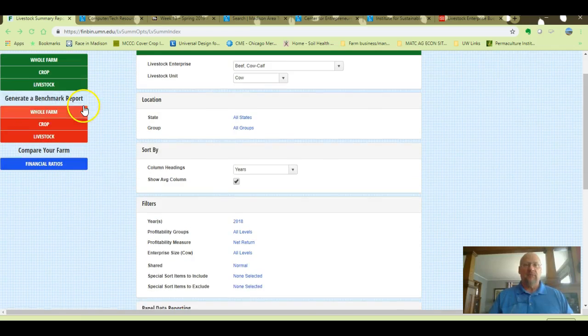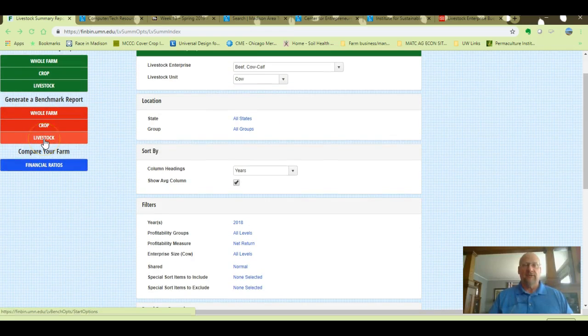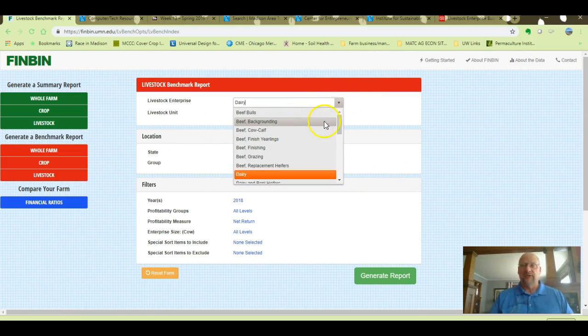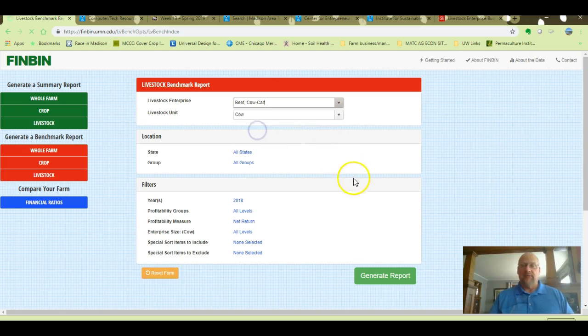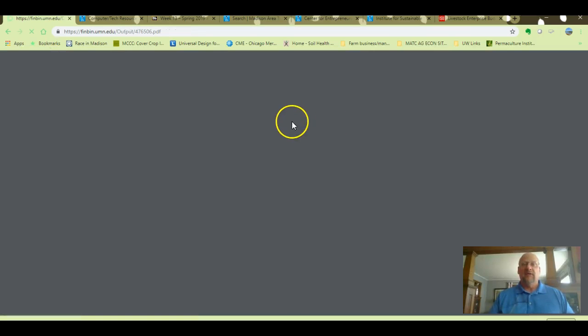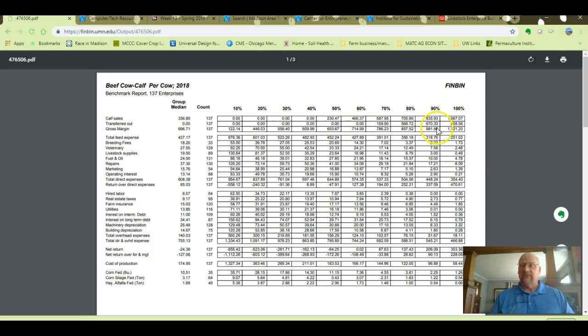Another thing that we can play with and take a look at for the rest of the semester is what's called the benchmark reports. That was a summary report of the total costs, and the benchmark reports show the same data, looking at the differences between the highly profitable groups and the folks that really aren't making money.